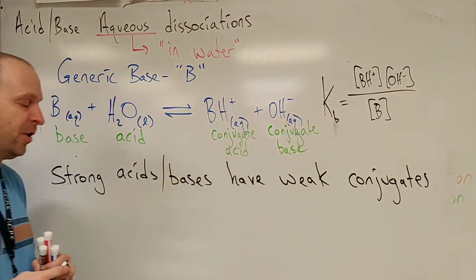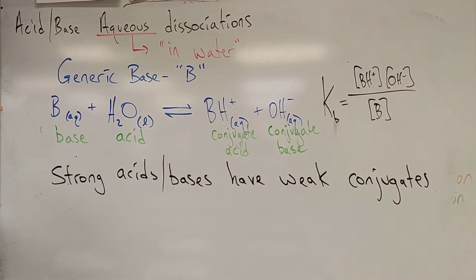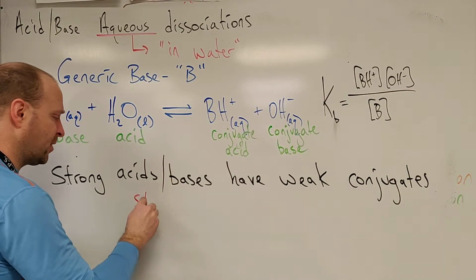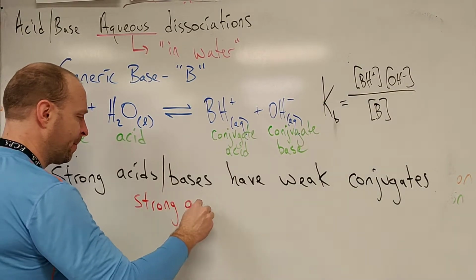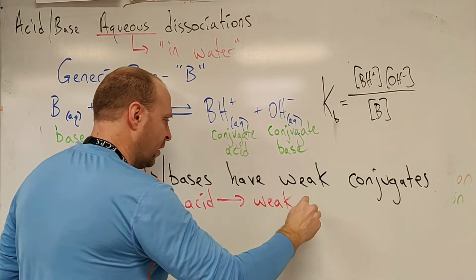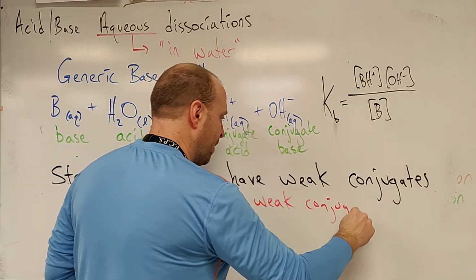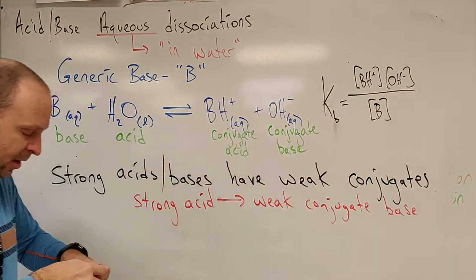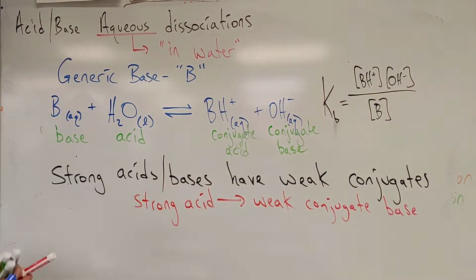So a strong acid would have a weak conjugate base, and a strong base would have a weak conjugate acid. In fact, they're essentially neutral. And I'll write that strong acid gives you a weak conjugate base, and a strong base gives you a weak conjugate acid.